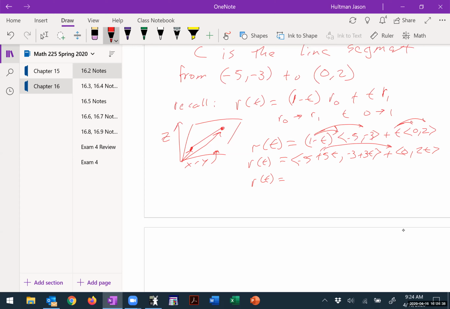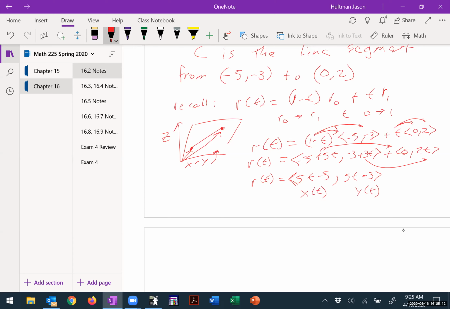That just becomes 5t minus 5. And then this is -3 plus 3t plus 2t, and so that just becomes 5t minus 3. And so what is this? Oh, look at that. That's x and y in terms of t. So this is x of t, and this is y of t.